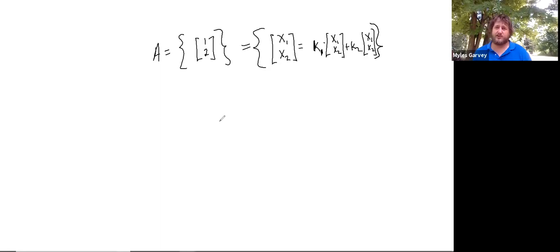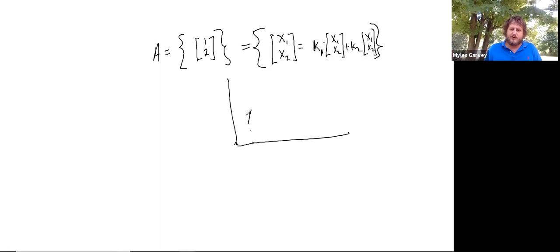for all values of k1, k2 in the real numbers. And that vector space looks like the following. This vector space looks like (1, 2). Remember what we said, any scalar multiples of that vector are also on the straight line that that vector lies on.